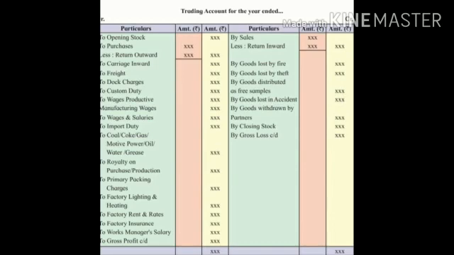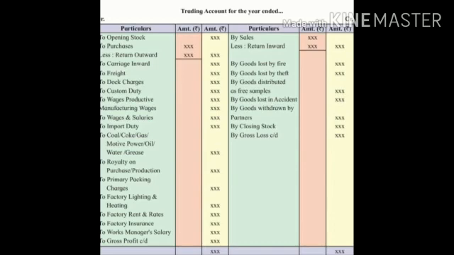Vice versa, if the trading account shows a debit balance, that means the debit side is heavy, so it is called gross loss. Debit balance of trading account indicates gross loss. Credit balance of trading account indicates gross profit. These two statements are asked in exams in this phrasing, so please note down this point.